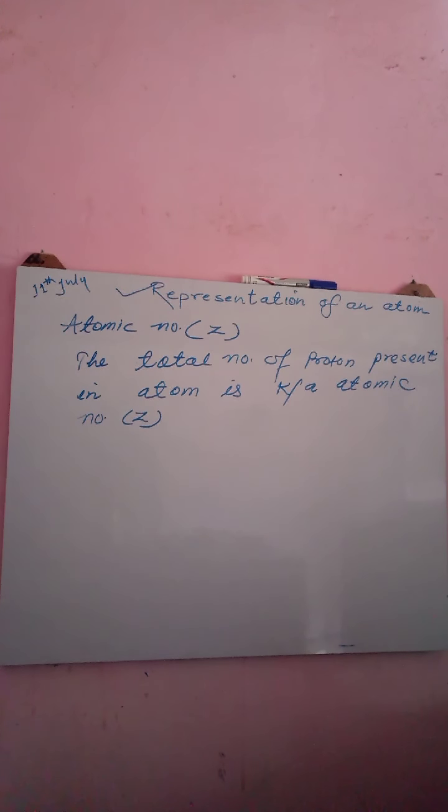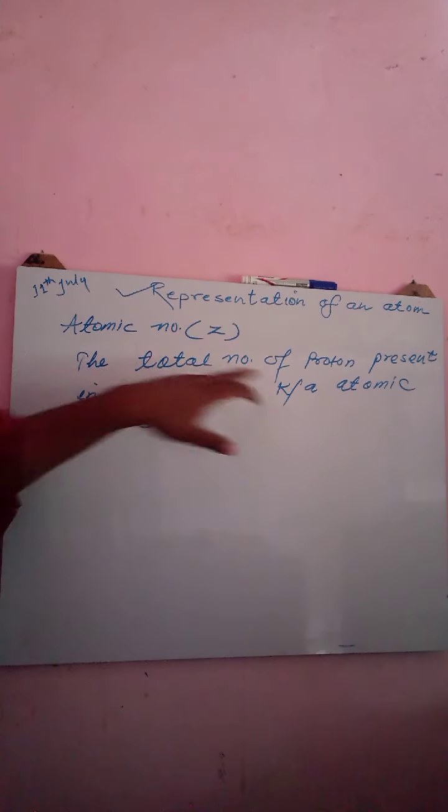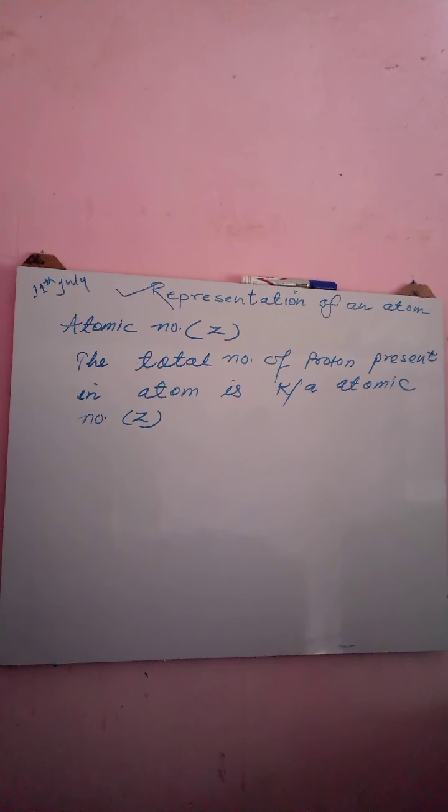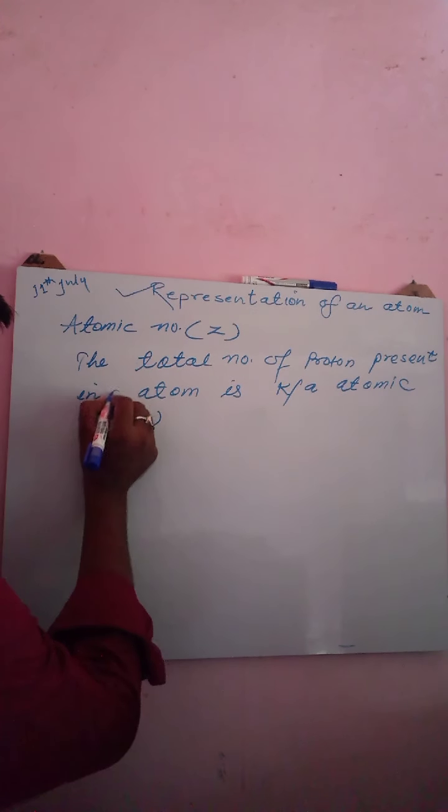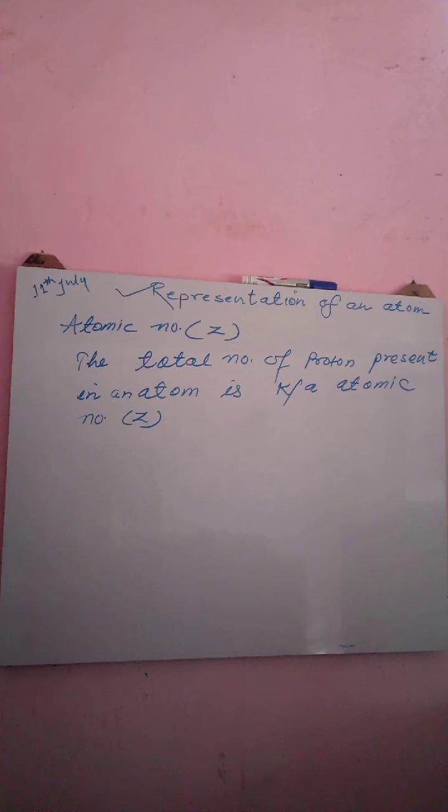We can say atomic number Z can be defined as the total number of protons present in an atom.